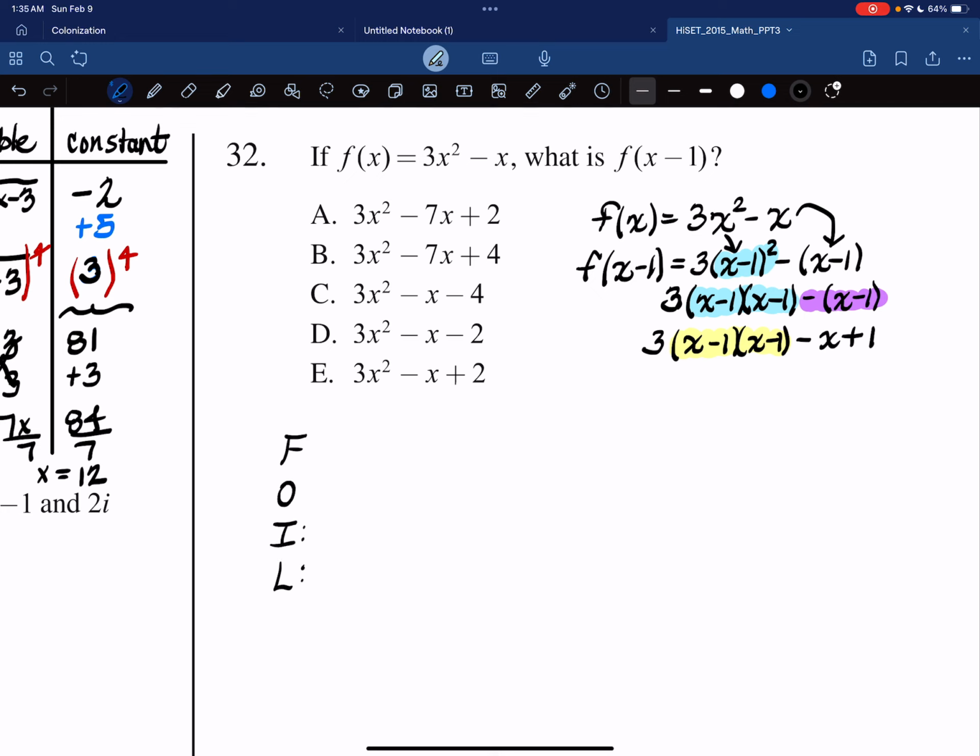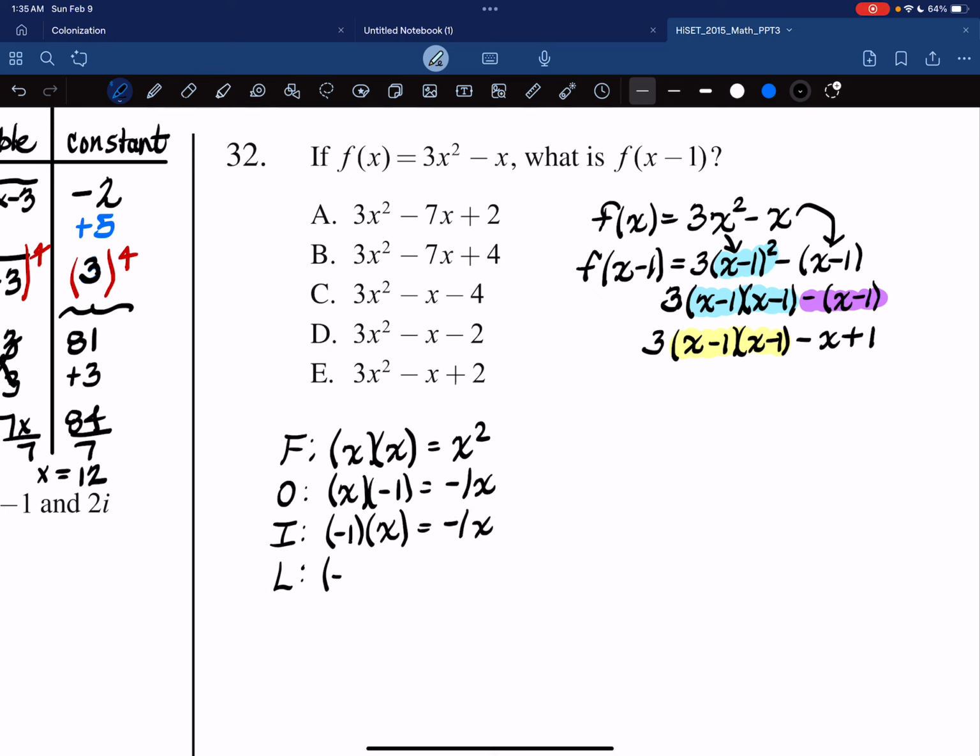And I like to write my terms just so I can see them. The first term in each of those is an x. So we'll have x times x, which is x squared. The outside terms are an x and a minus 1. So we have negative 1x. The inside terms are negative 1 and x, or negative 1x.